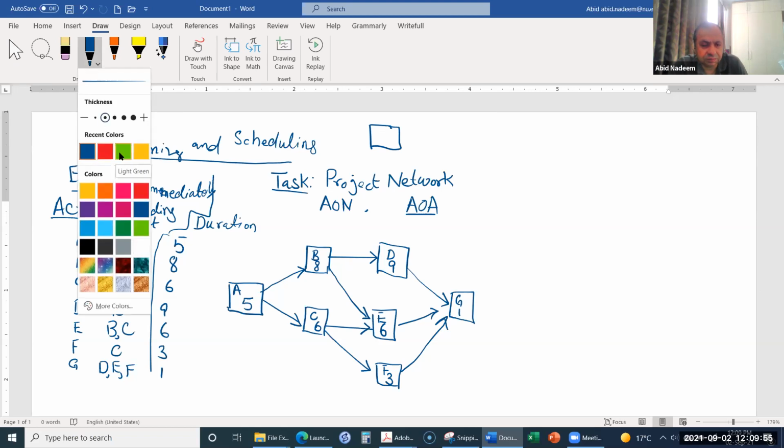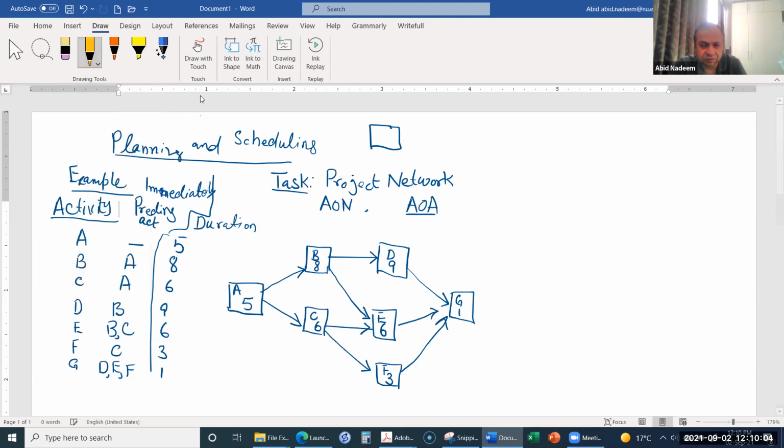So after this, we will perform the network calculations. For network calculations, we need to calculate the early start time, early finish time, late start time, and late finish time. We need to show these on the diagram.